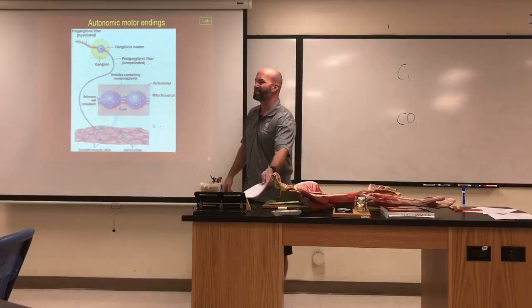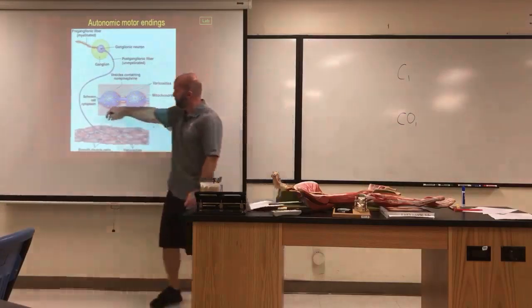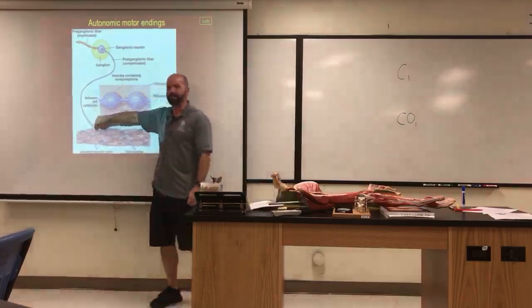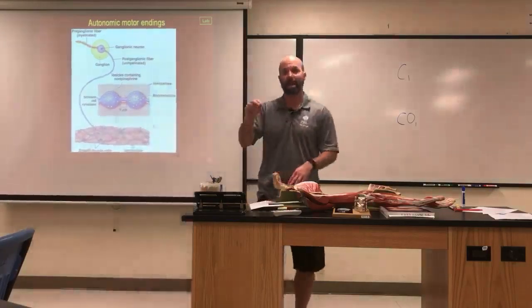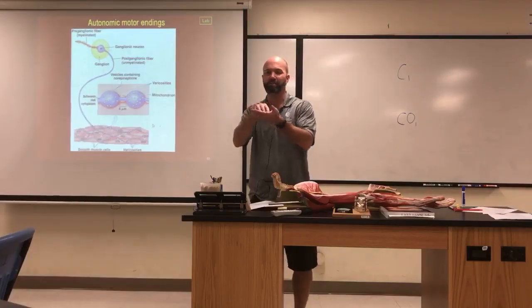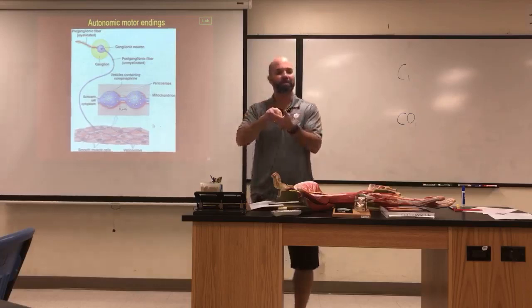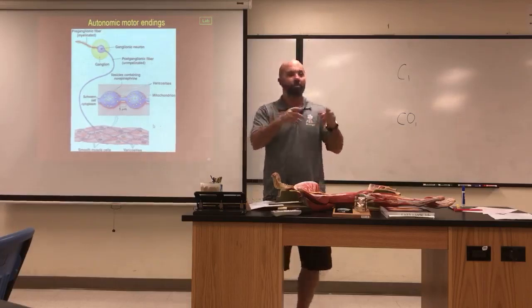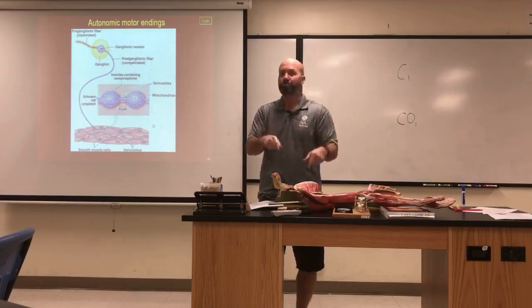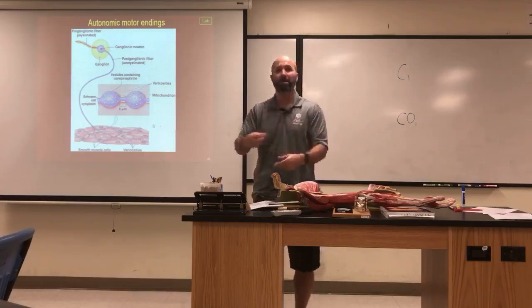If we were innervating the skeletal muscle, you would have branches at the end of the axon. At the end of each branch, an axon terminal. Each axon terminal would be very, very close to a motor end plate and would release neurotransmitter that would bind to receptors only at that motor end plate. Because we may want to stimulate one or a few muscle fibers in this muscle belly, but not all of them, right?